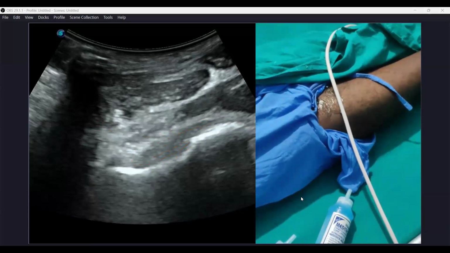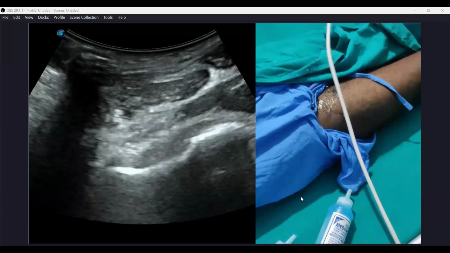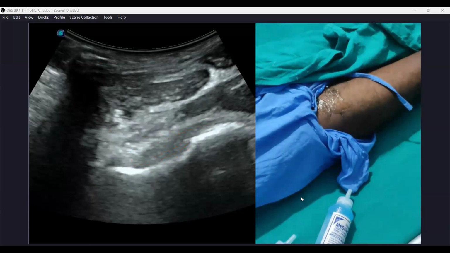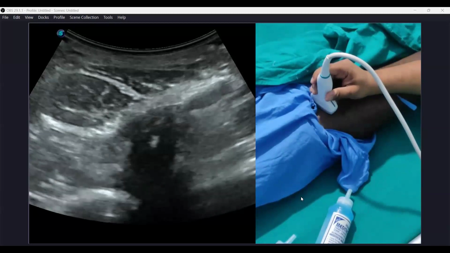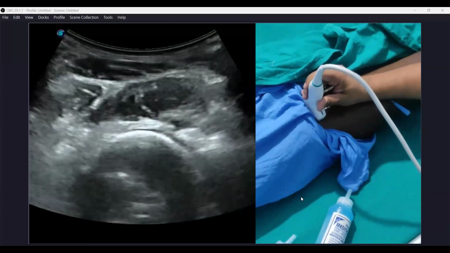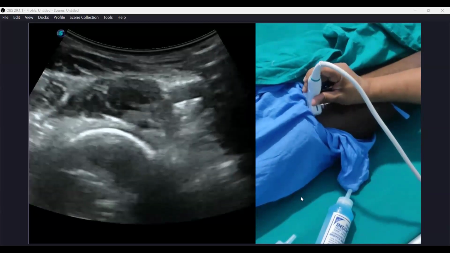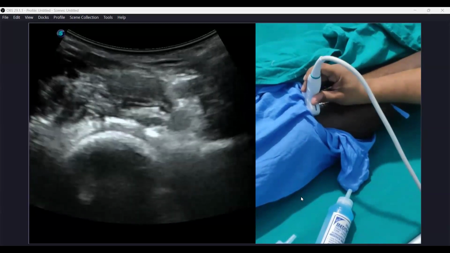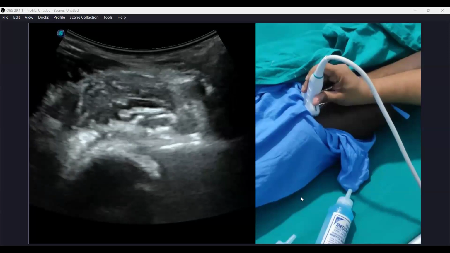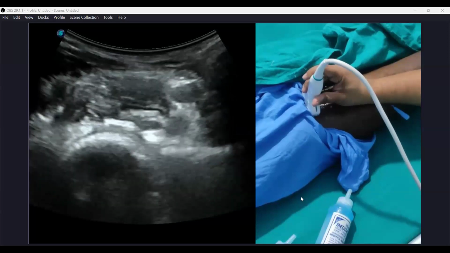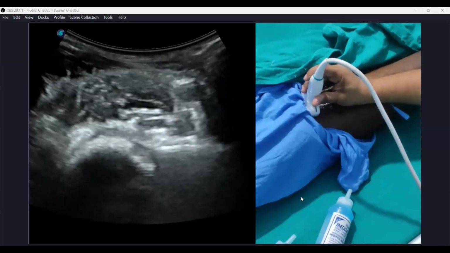Now we have understood which portion is the head and which portion is the neck. So after finding this structure, we have to find out the rest, that is the psoas, iliacus, and the acetabular portion.